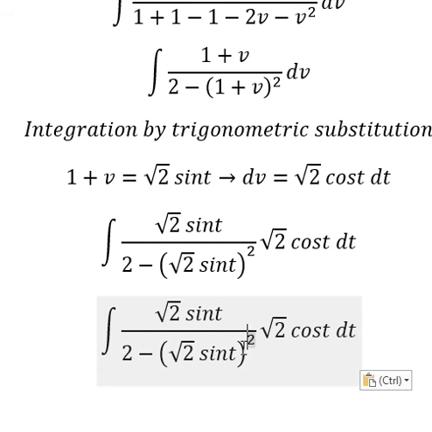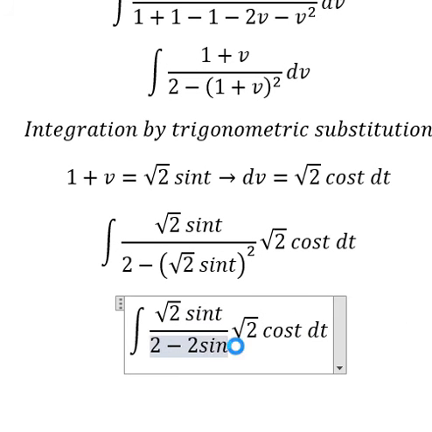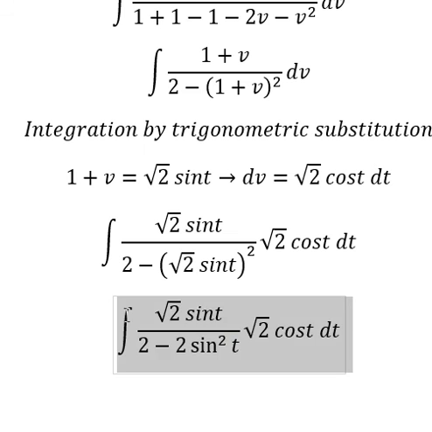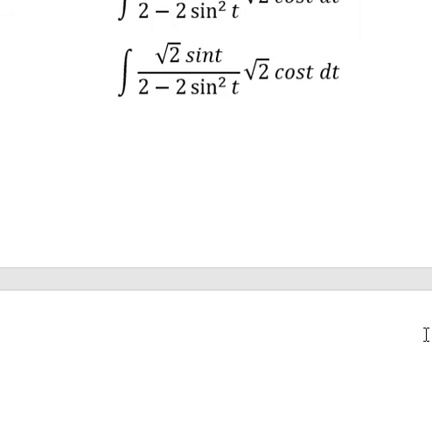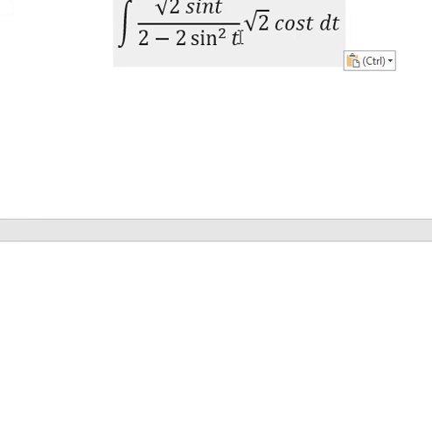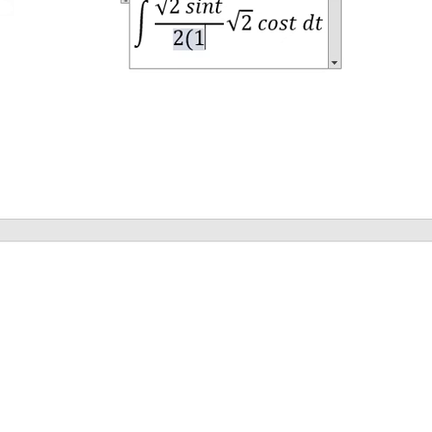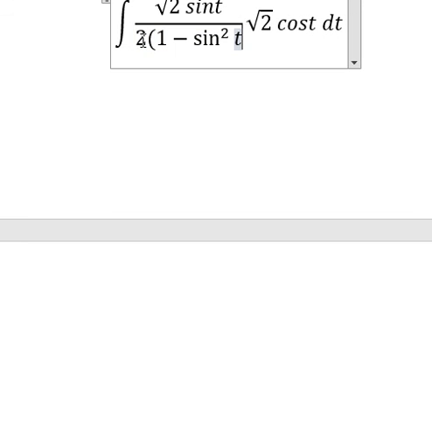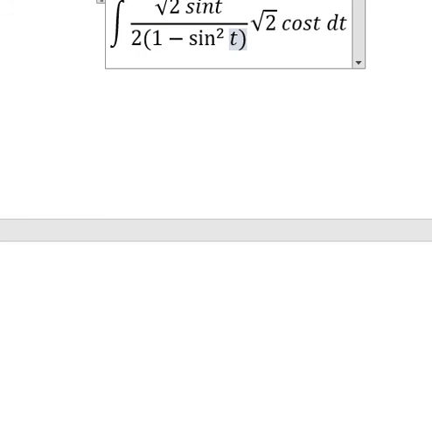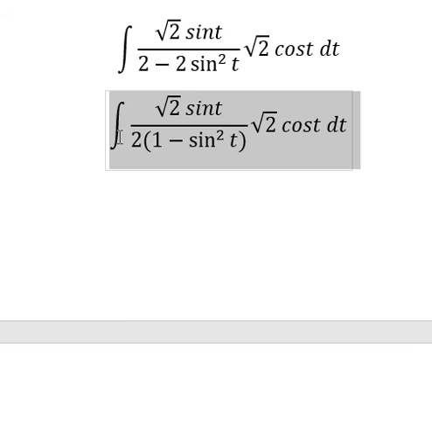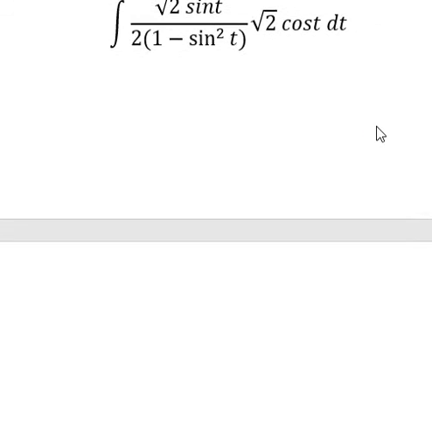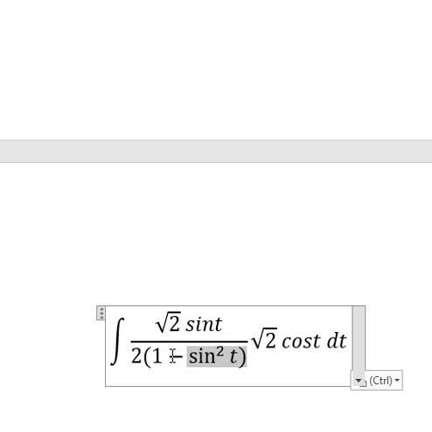This one we have 2 sine t squared. Number 2 and number 2, we can do factorization. So 1 minus sine t squared, we change for cosine t squared.